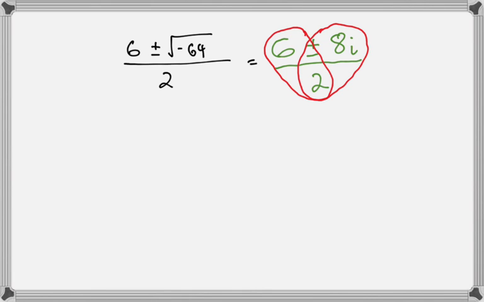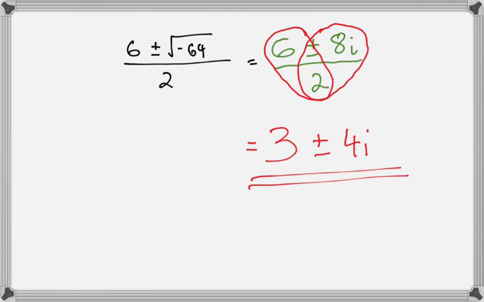Okay. 6 divided by 2 is 3 plus minus 4i. So if we can, you have to simplify as much as possible. Any questions?